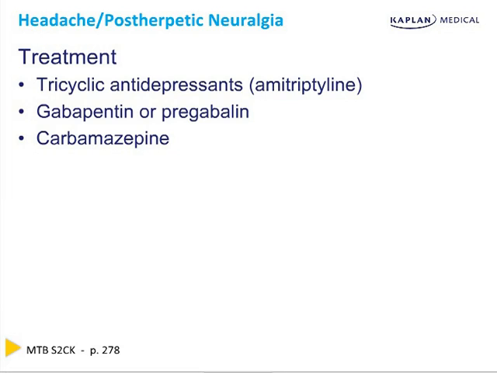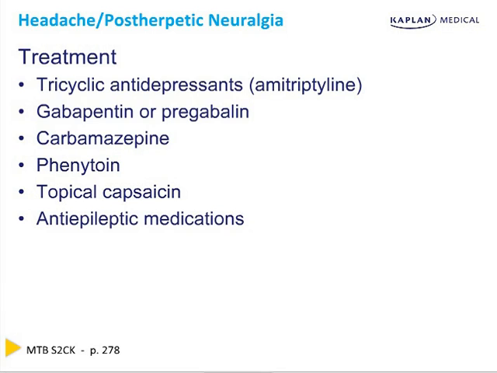And as we have said, all seizure medications can work for neuropathic pain. Carbamazepine, phenytoin, valproic acid, oxcarbazepine. Topical capsaicin is different. That's alter substance P. We use it for osteoarthritis topically, and we could use it topically for postherpetic neuralgia.